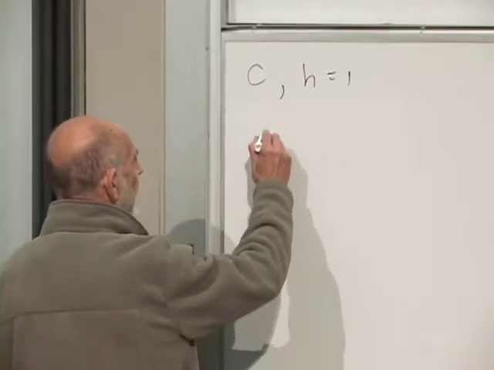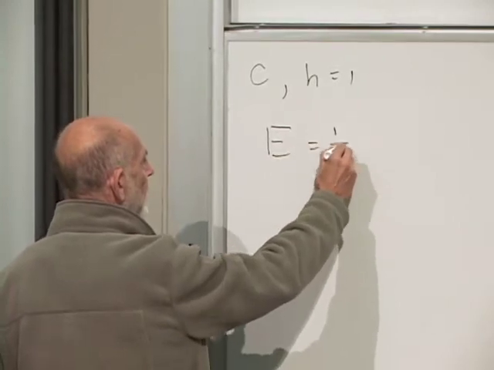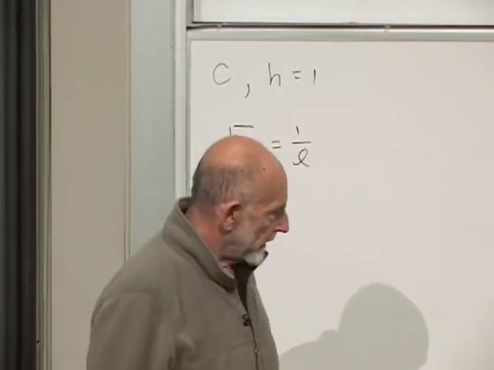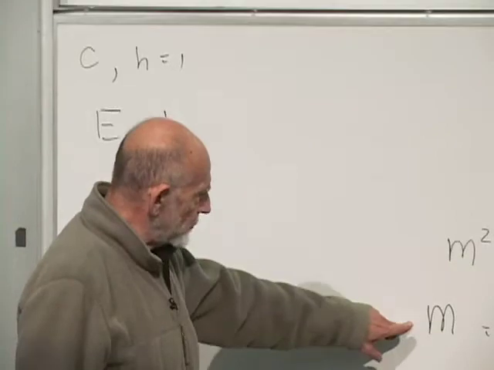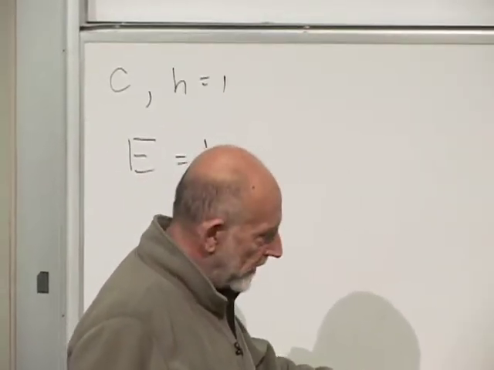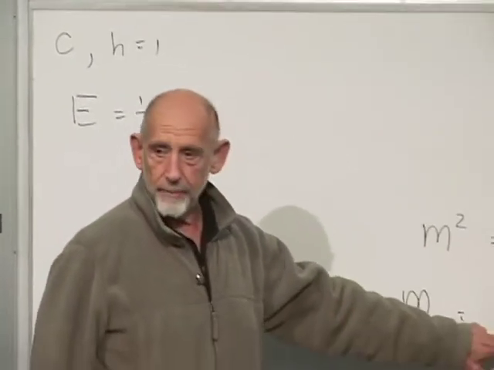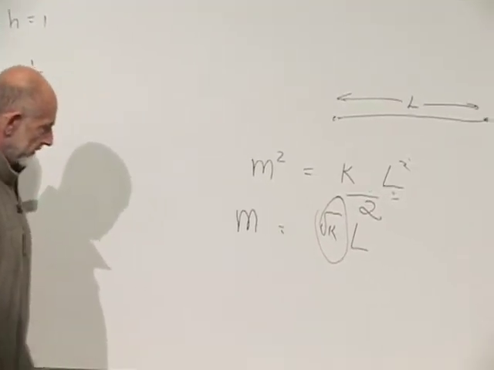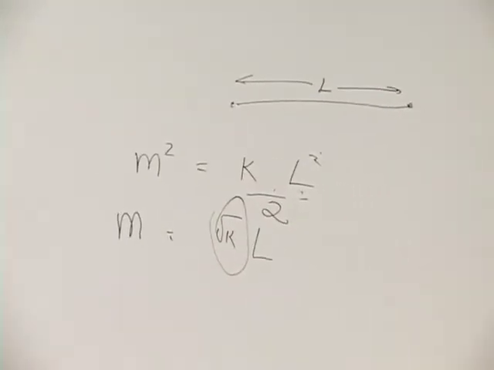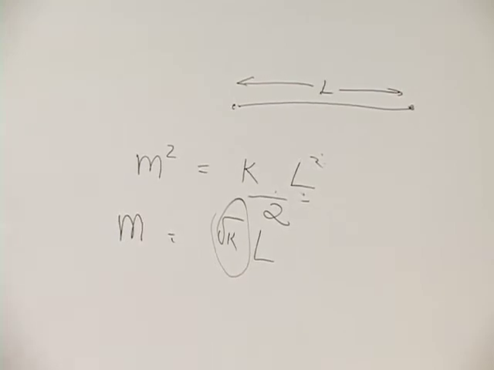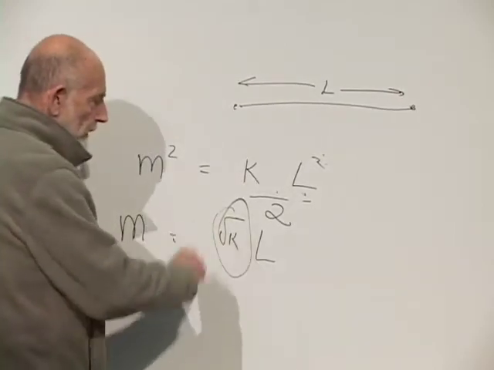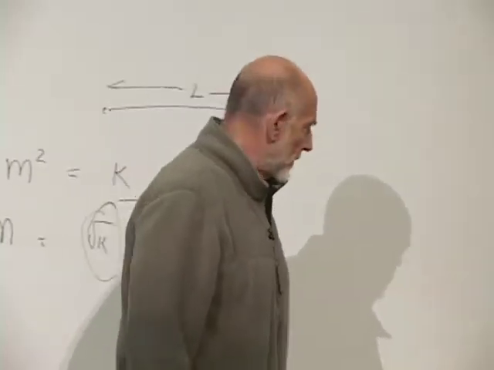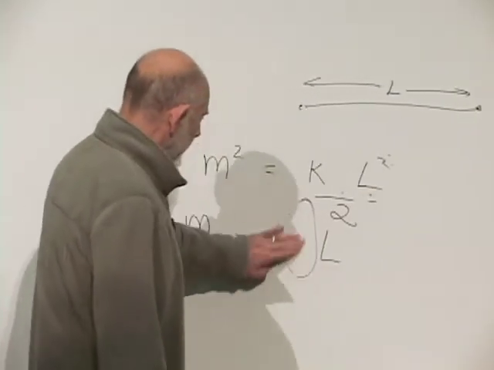In those units, energy has units of 1 over length. So if energy has units of 1 over length, what's the units of kappa here, or square root of kappa, the string tension? Yeah, it's energy squared, or 1 over length squared. So this object over here, let's call it T.